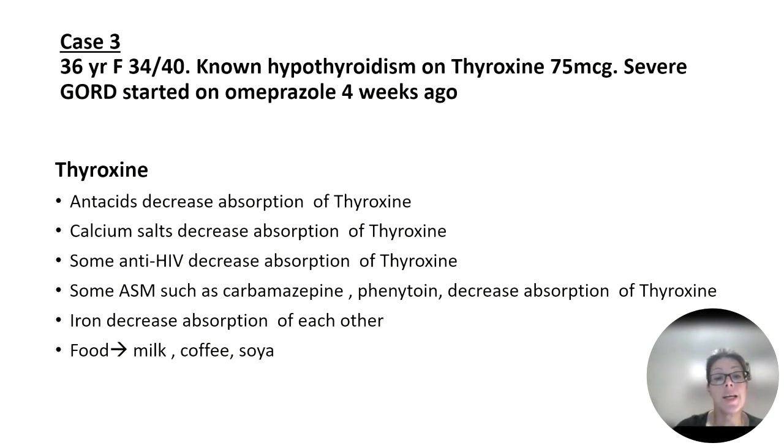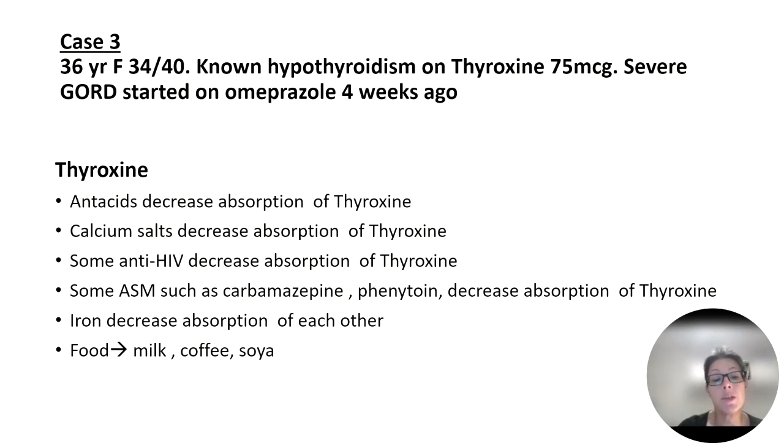The third case is of a lady in her third trimester on omeprazole, and again is to reiterate that the combination of omeprazole or famotidine, antacid, or any kind of medication that would affect the lining of the stomach and the acidity of the stomach would affect absorption of thyroxine.